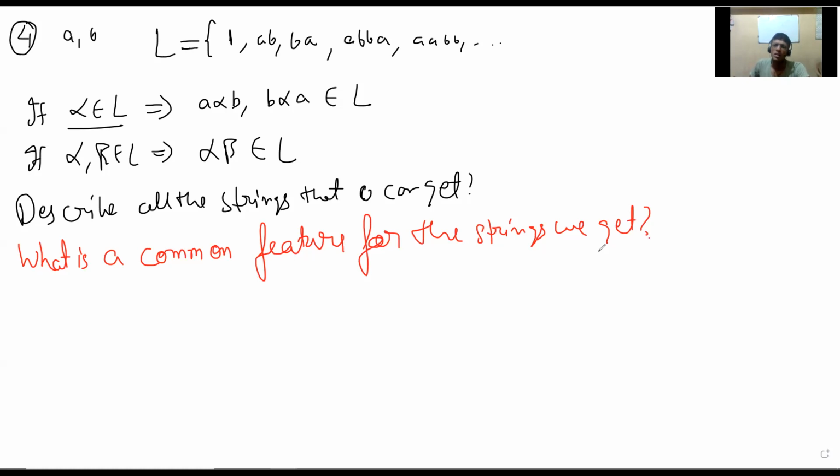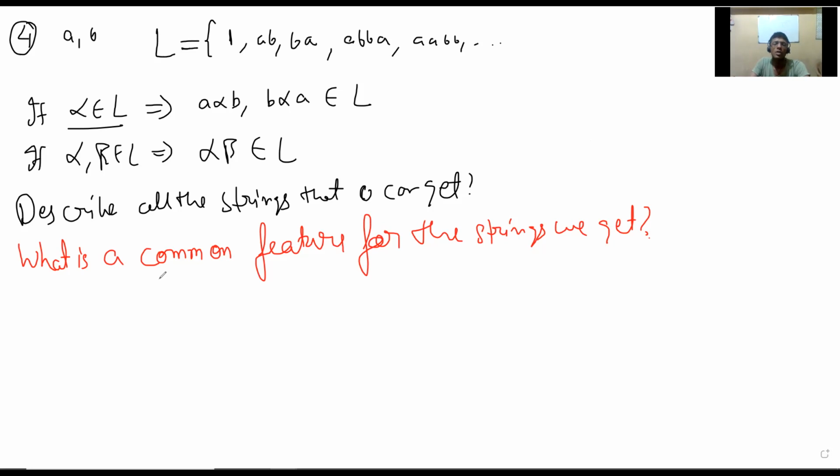What do you mean by that? It's just symmetric. Symmetry. You're saying that if some string is there, then its reverse is also there. That is certainly correct, right? Does everybody agree? Both the rules preserve that.